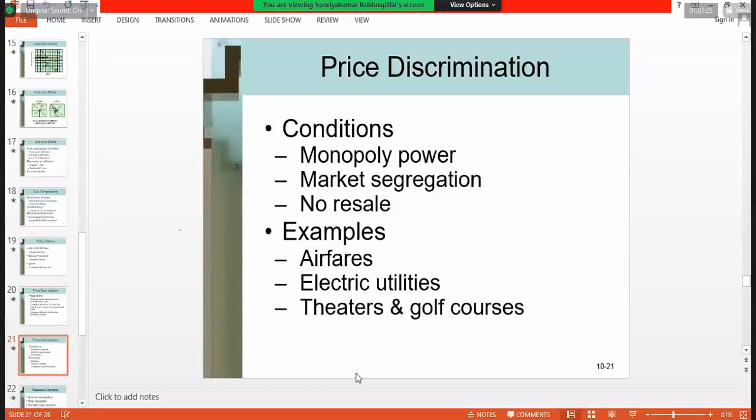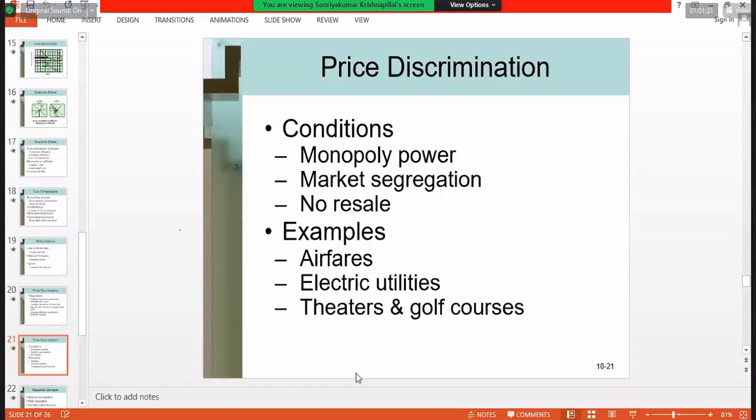Then finally, the monopoly cannot do this different pricing. So no resale, market segregation. He should be able to segregate the customers and have monopoly power. Then he can do this price discrimination.